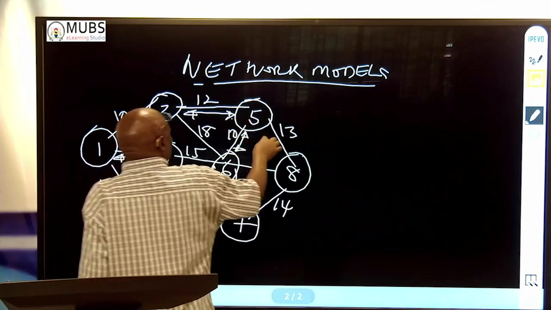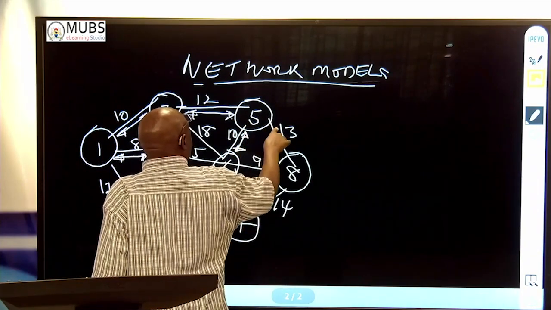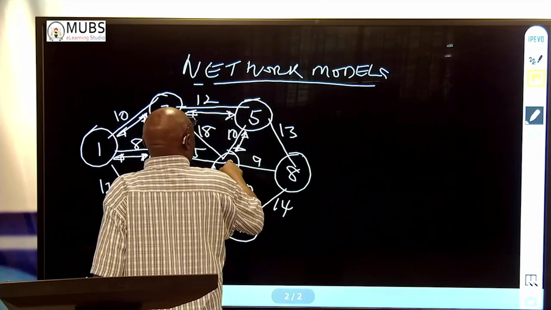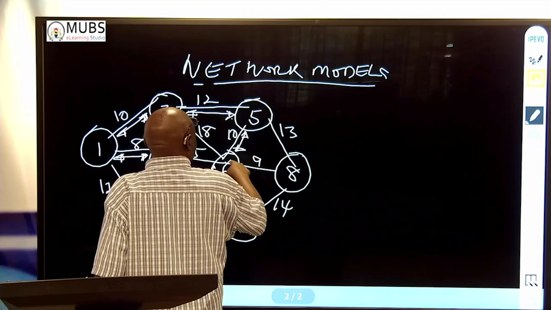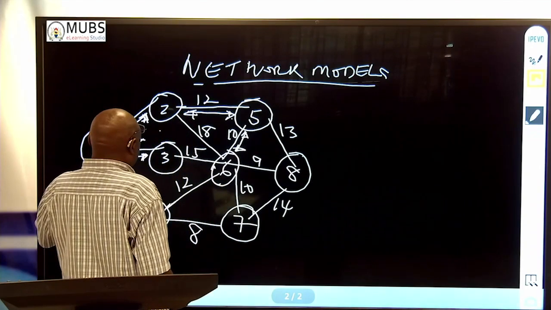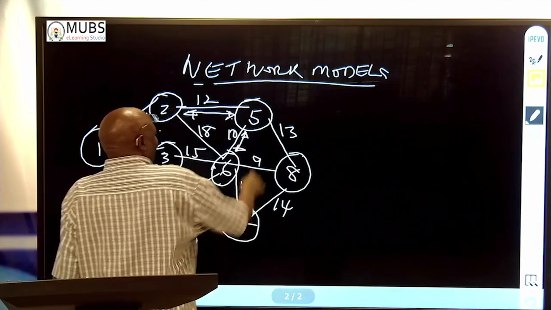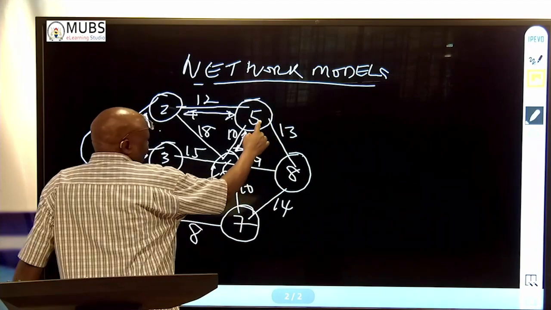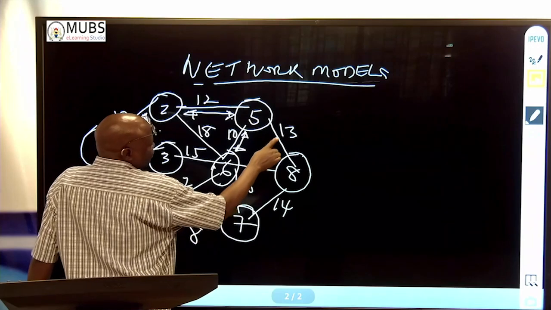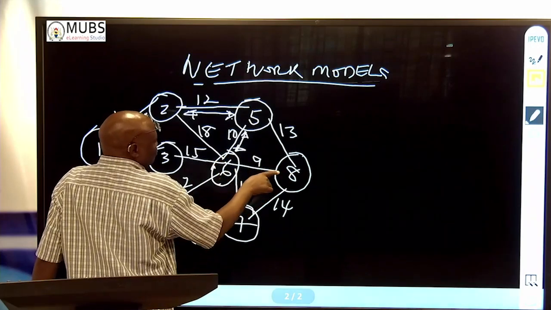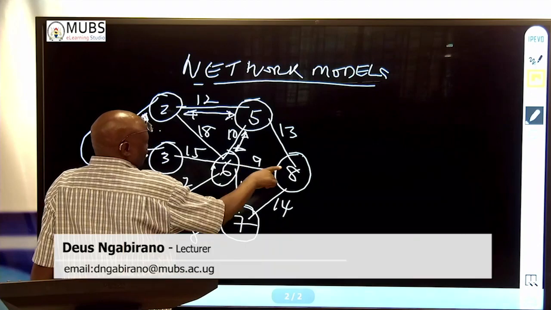Now, once we have done the connection, this one is connected, this one is connected, and this one is connected. Now, we could extend this one. If we connect 5 to 8, it will give us 13. If we connect 6 to 8, it will give us 9 as the cost.